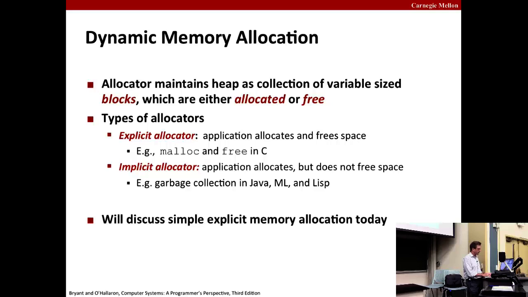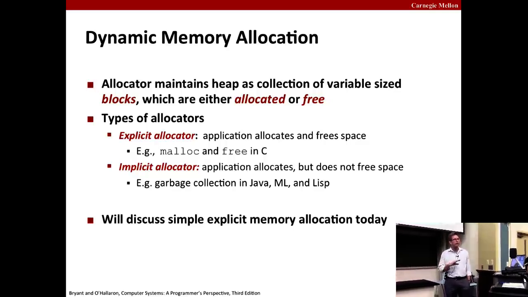Okay, so the system won't free up any memory that you allocate unless you do it explicitly by calling the free function. But there's other languages that support implicit allocators, and in these implicit allocators, the programmer explicitly allocates memory, but then the system takes care of freeing the memory.